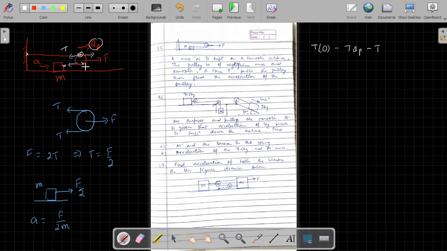One more expression for this tension would come out as tension T into AP and tension T into A, and that is equal to 0. So we would say that 2 times the acceleration of the pulley is equal to A. So the acceleration of the pulley is equal to A by 2.